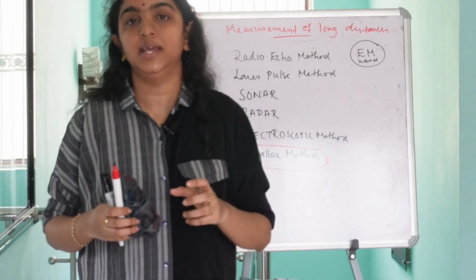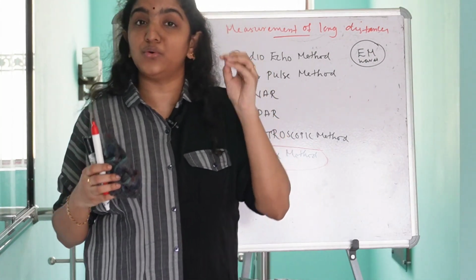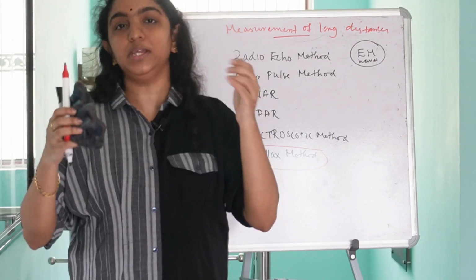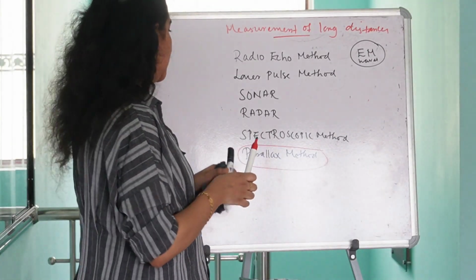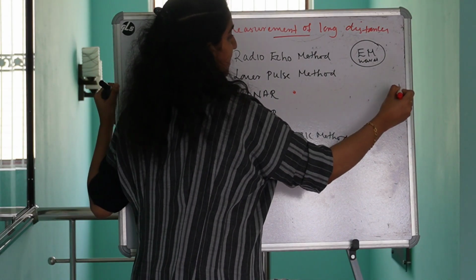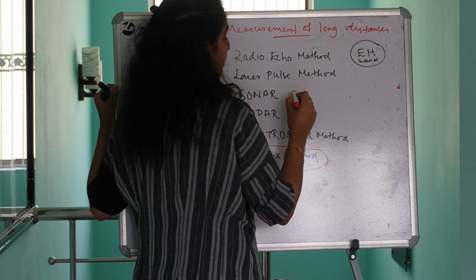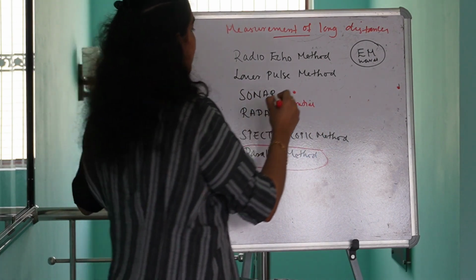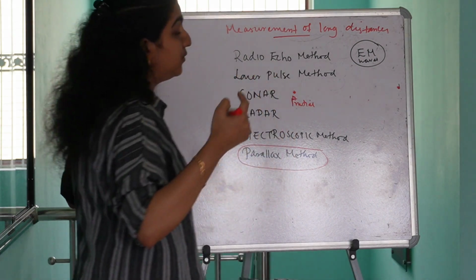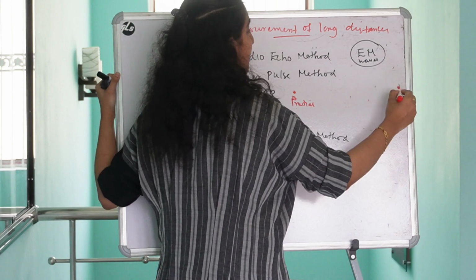In the radio echo method, we send either sound waves or electromagnetic waves onto the target. Suppose this is our target and the initial position of the wave is here. Let A be the initial position of the sound wave or electromagnetic wave, whatever it may be, and B is the target.